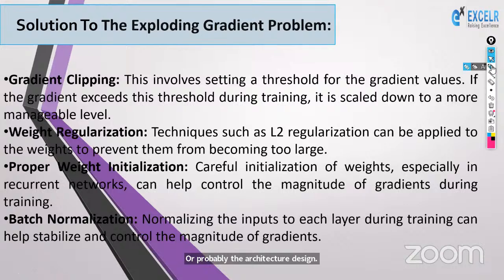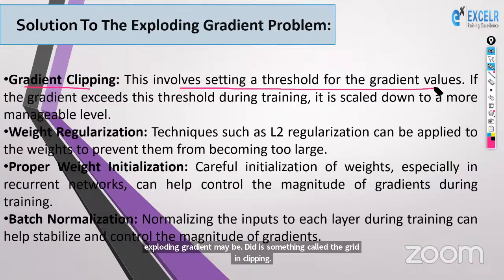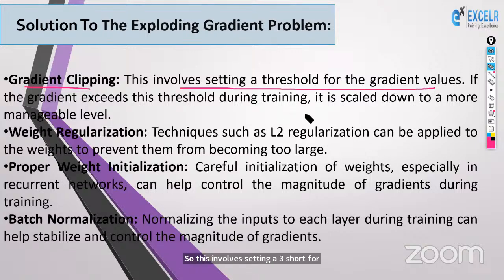The solution to the exploding gradient may be something called gradient clipping. This involves setting a threshold for the gradient value, saying please calculate the gradient value up to, let's suppose, 5 layers or 8 layers or 10 layers, and don't calculate the gradient after this particular layer.